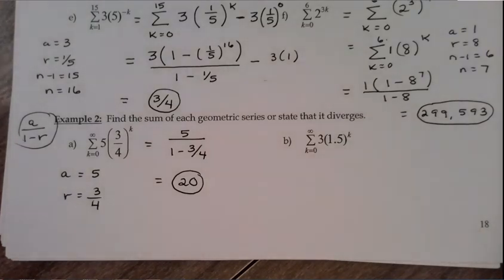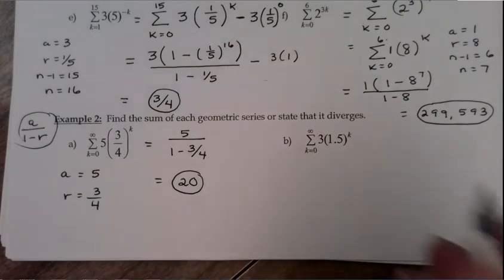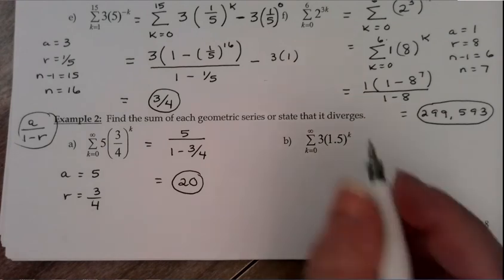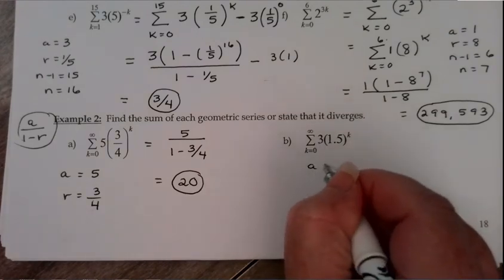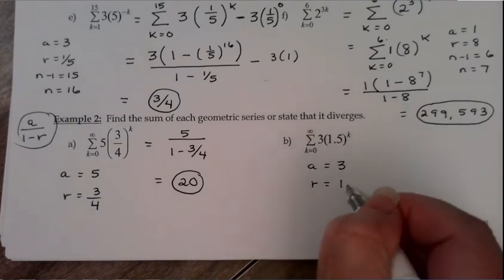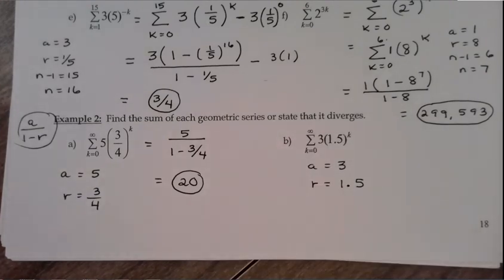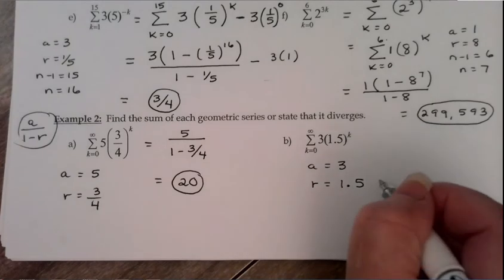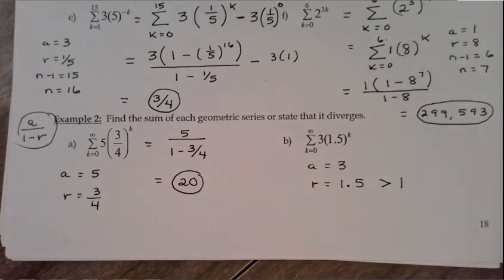All right. Take a look at B. B is certainly a geometric sum, but this one I'm concerned about. A is 3, that's no problem. It's the r that I have a problem with. r is 1.5. And since that's greater than 1, I cannot use my formula.